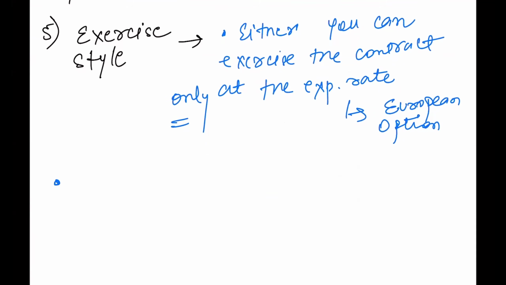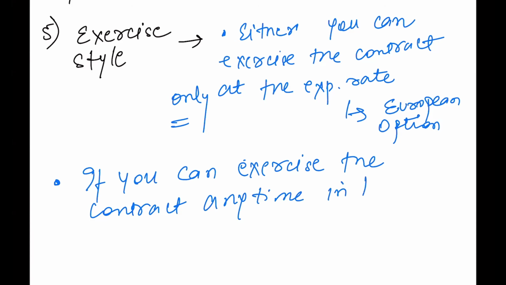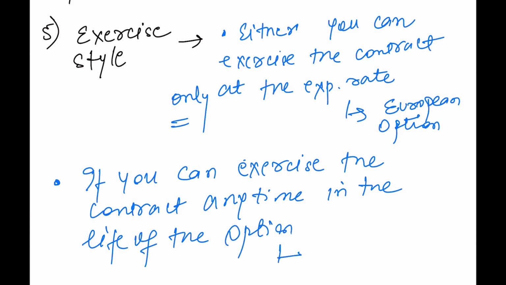Similarly, if you can exercise the contract anytime in the life of the option, this style is called the American option style. So when someone says this is an American option, that means you can exercise this option contract anytime.